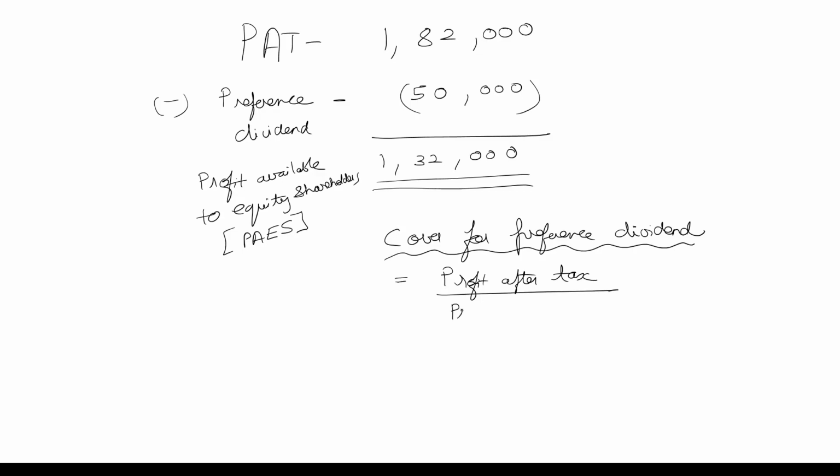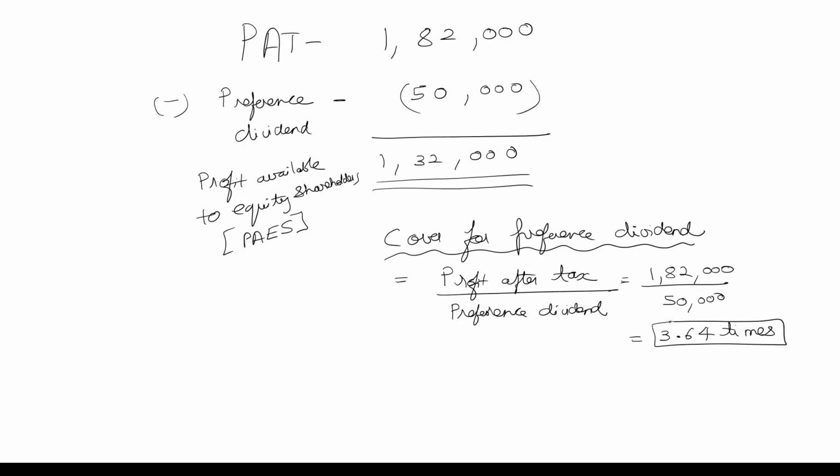Cover for preference dividend is defined as profit after tax divided by preference dividend. So it's going to be 1,82,000 divided by 50,000. So this gives us 3.64. Even this will be expressed in terms of number of times. So 3.64 times. So this is the definition of the ratio which we call as cover for preference dividend, and this is the calculation.